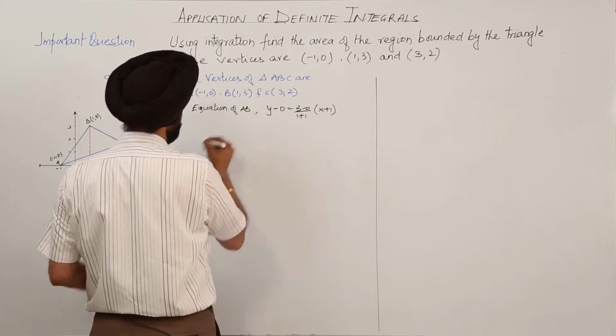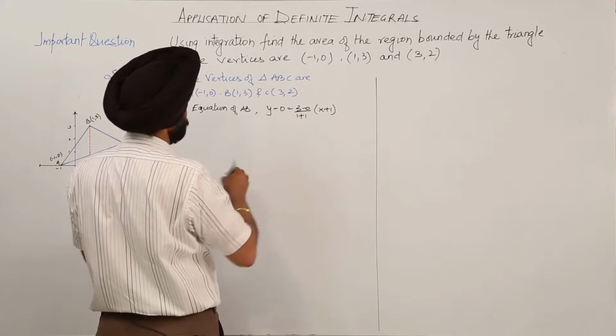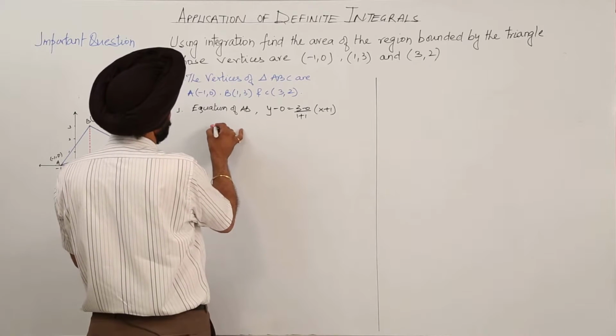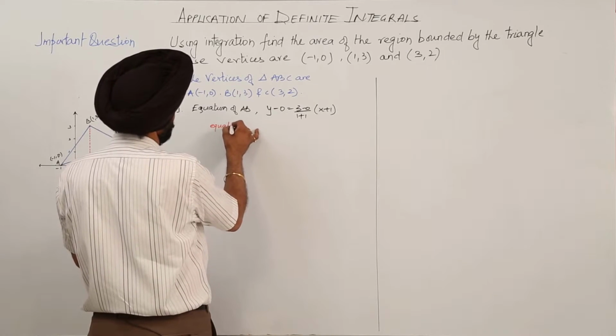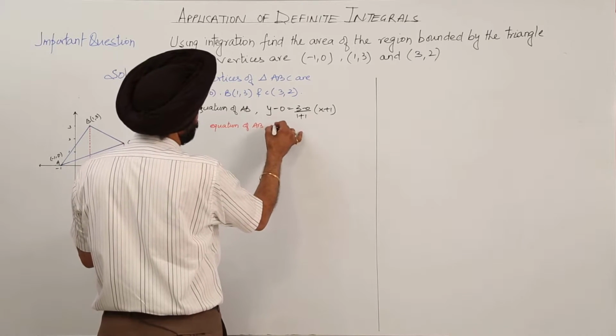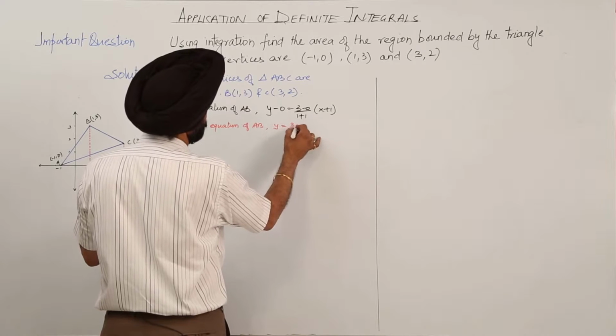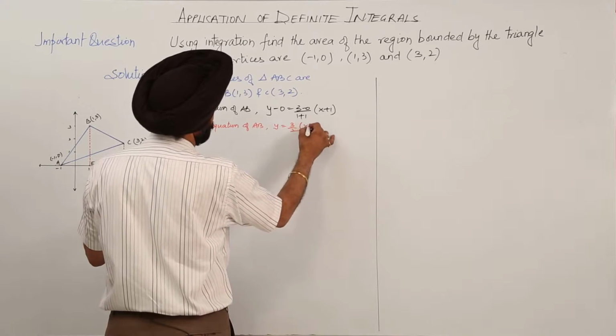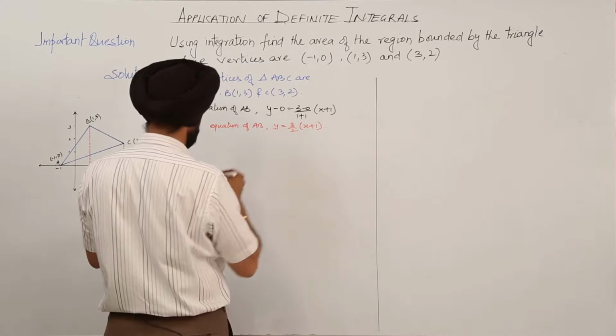So the equation of AB is y equal to 3 upon 2 times (x plus 1).